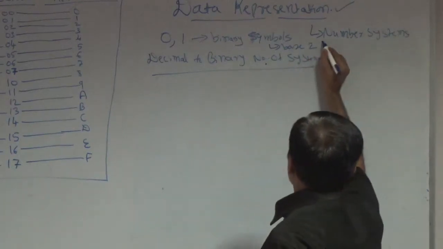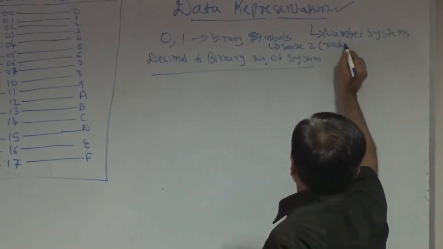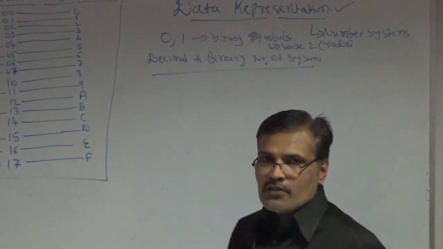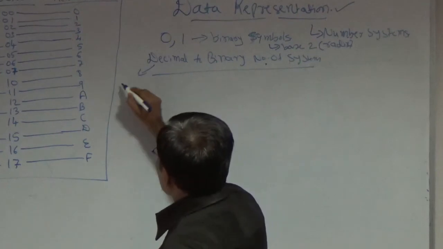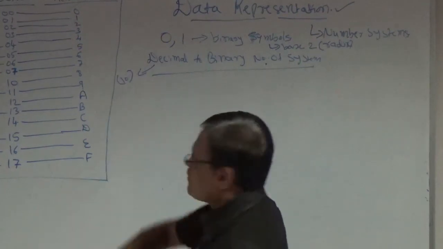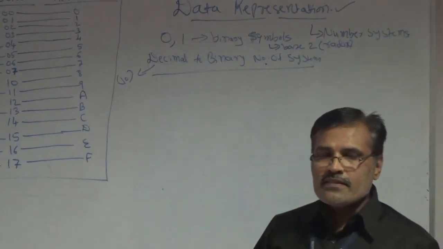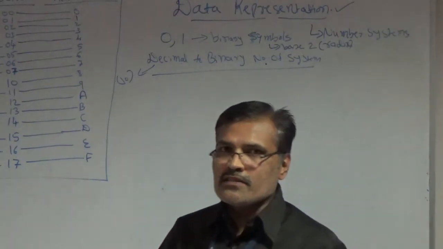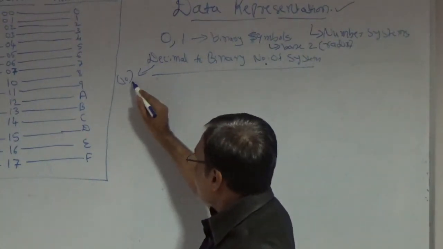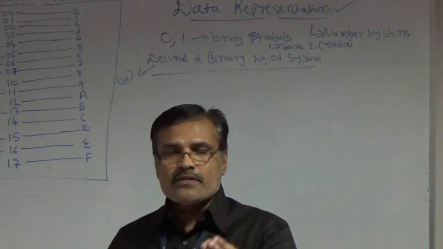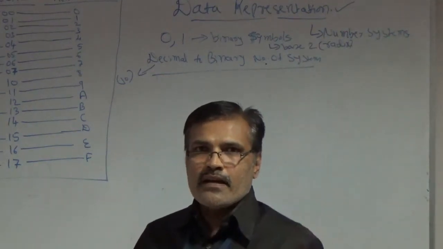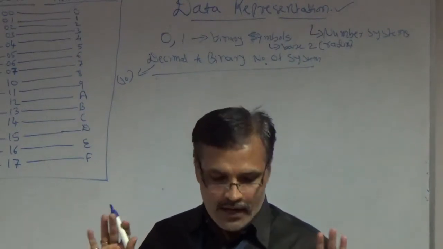This base is also called the radix. Our decimal system has a radix of 10. These are the nomenclatures used in the number system. By identifying the radix, we can understand in what number system the data is represented. So this is for our understanding.